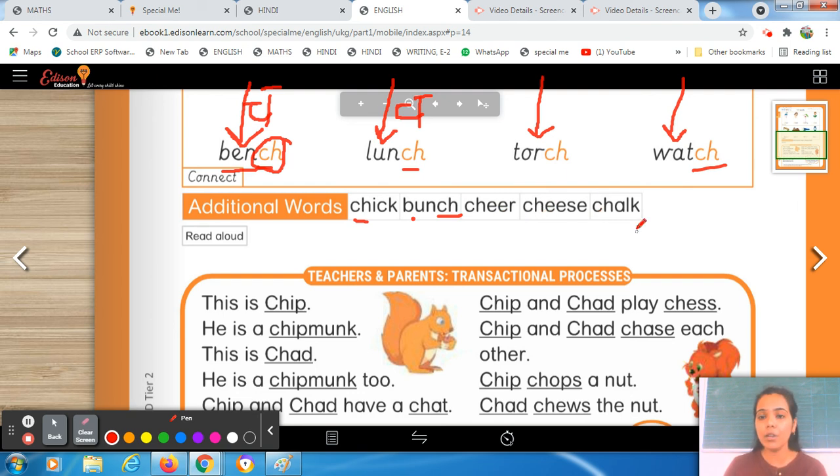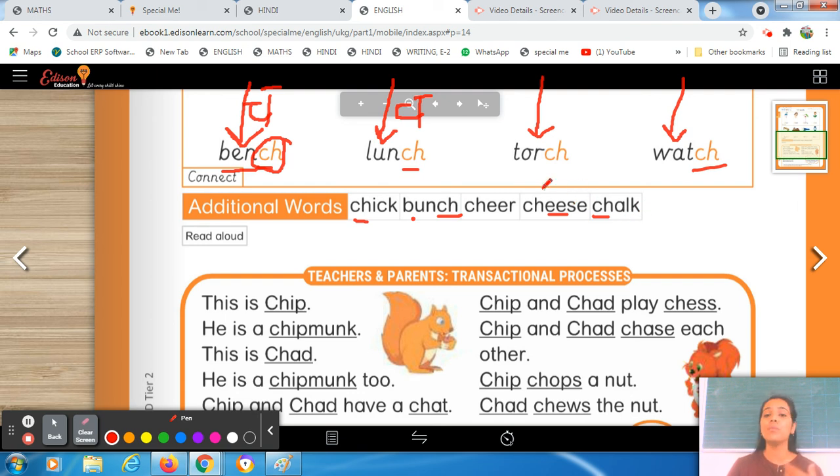Okay. One thing, keep it in your mind: when there are double letters, this sound will be long. Cheese, right? Because there is a double e, so your sound also becomes long. Cheese. Next, ch, ock, chalk, right? So these are the additional words.